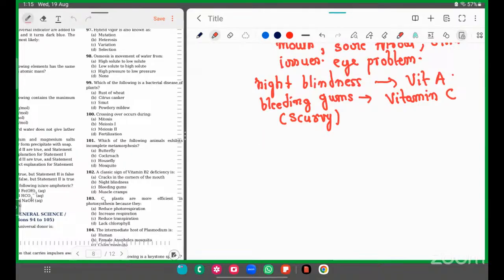Then the third is muscle cramp. Muscle cramps mostly happen when there is low potassium, magnesium, or low ions in our body. So it is not related to vitamins.